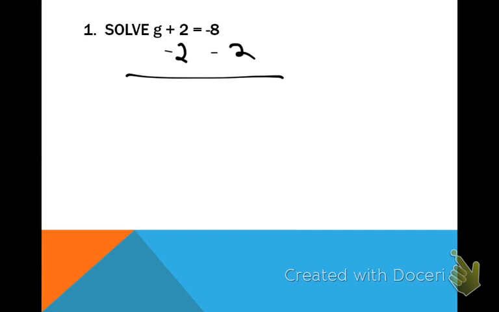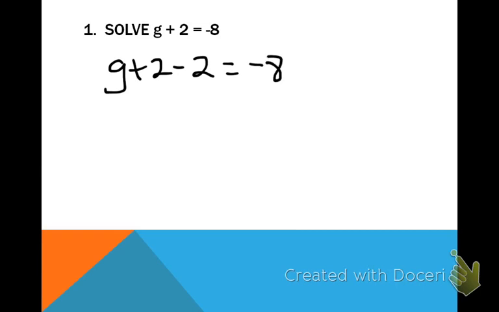Okay? And again, the reason why addition and subtraction undo each other is because if we subtract 2 from both sides, and you'll see it written like this very often also, I'll write it a little bit different way. Subtract 2 here, and to maintain the equivalent equation, subtract 2 over here.